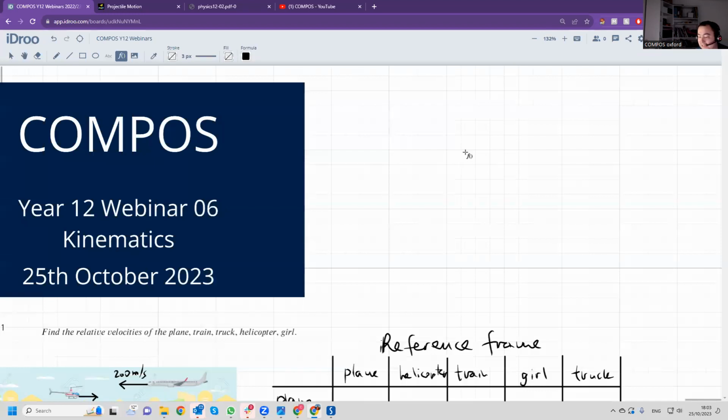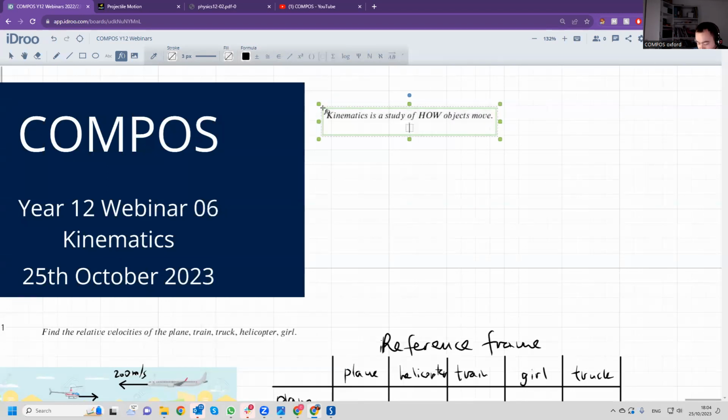Mechanics is a study of motion, of course, and kinematics is a particular area of mechanics. Kinematics is a study of how objects move.